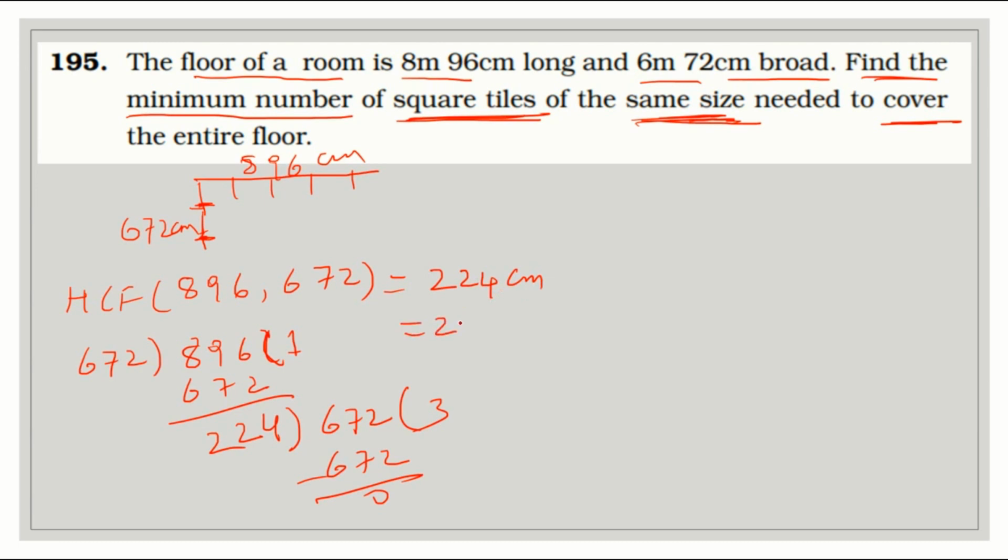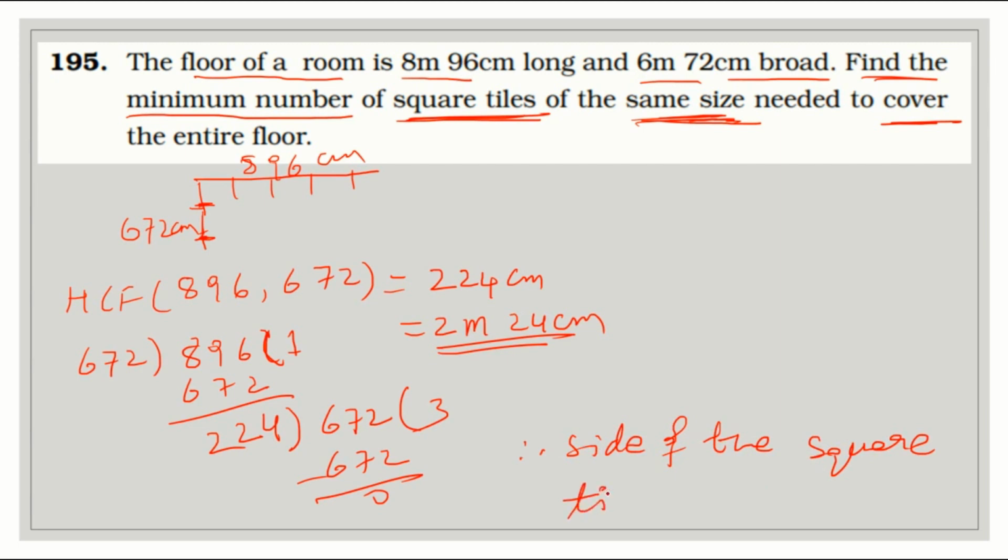That means we have a square tile of this side. Therefore the side of the square tile is 2 meter 24 centimeter.